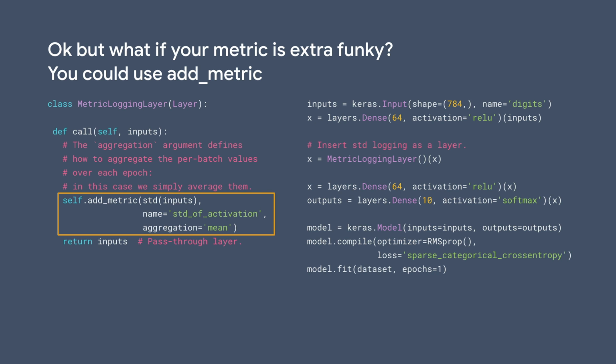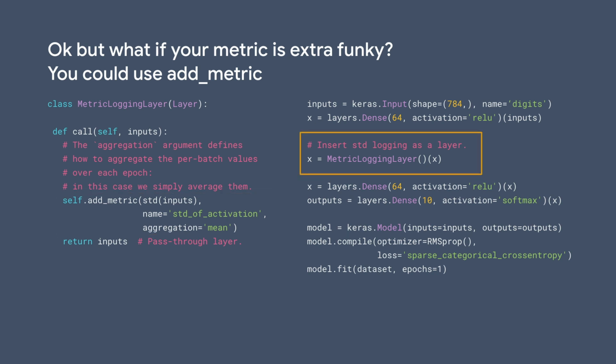And an aggregation argument, which tells the framework how, so you can assume that this is basically called for every batch, how do these different values for every batch get aggregated into a single scalar, right? And then in the functional API, you can use this layer like this. You insert it at some point, it just returns the same as its input tensors, which you can keep using.